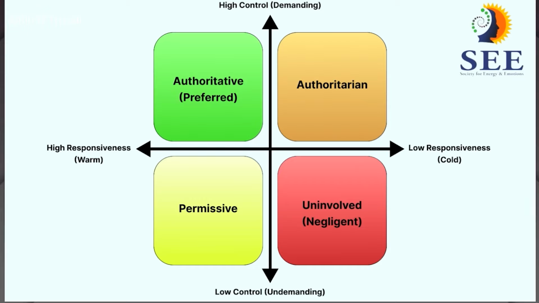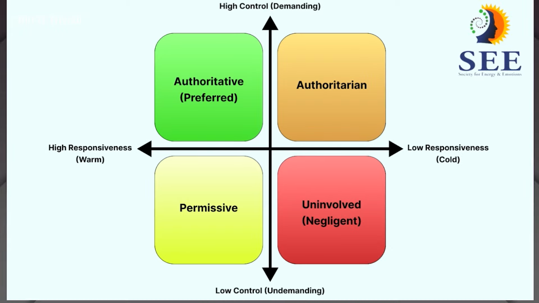This entire typology of parenting styles is divided into 4 categories, and these categories are based on the axis of high control and low control on one hand, and high responsiveness and low responsiveness on the other hand. Depending on where each parent is in the area of control and responsiveness towards the child, the parenting styles have been mapped.